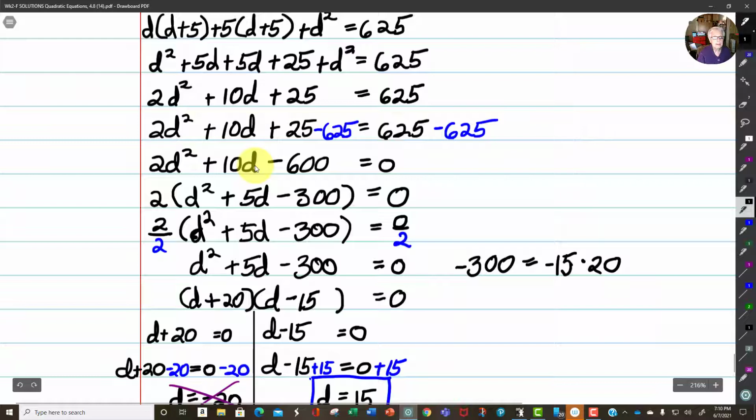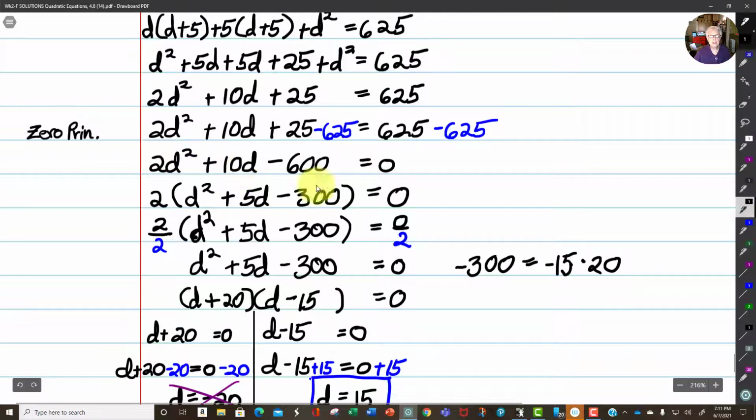Now we're going to use the zero principle. I'm going to subtract 625 from both sides of the equation, and that will give me 2d squared plus 10d minus 600 equals 0.